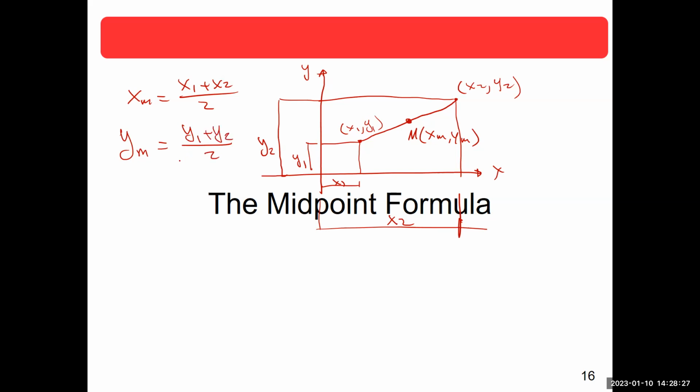Don't confuse it with the distance. Distance says x2 minus x1. Here they are adding up and divided by 2. Or you can say the midpoint equals, like the way the book has it, x1 plus x2 over 2, comma, y1 plus y2 over 2.